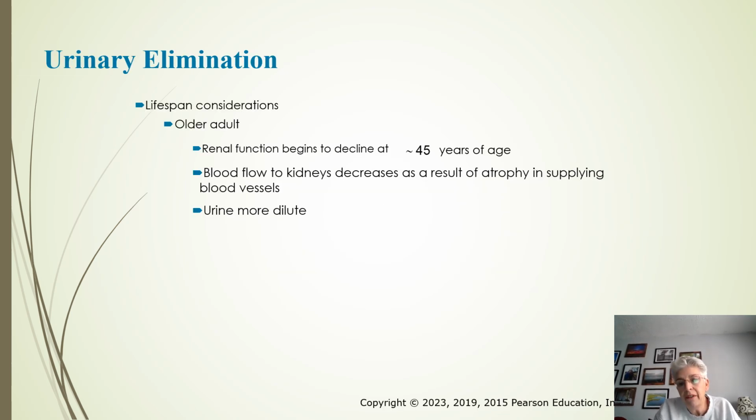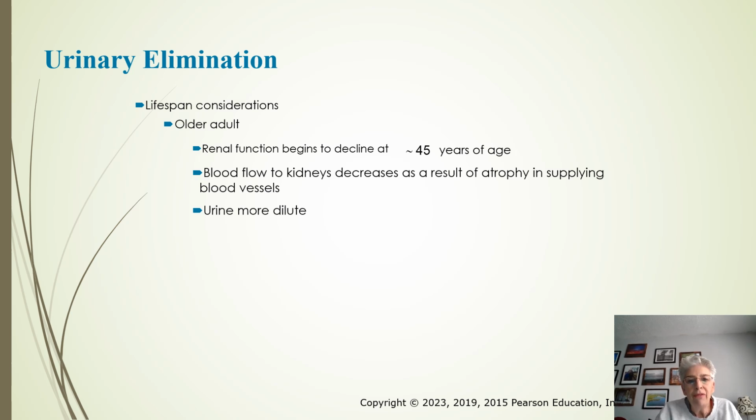As we get older, I'm a geriatric nurse. I try to pick up as much as I can with the peds and mom, just making sure there's some discussion of lifespan considerations. But I've practiced 20, 30 years in geriatrics as an NP and in home care. So as we get older, I'm 57, my renal function has begun to decline.